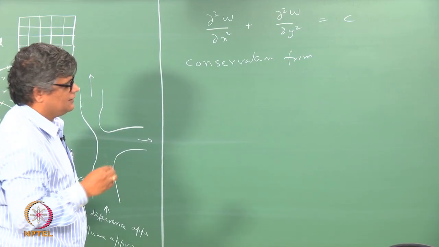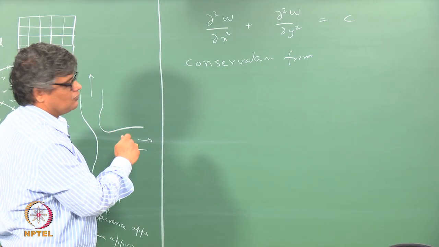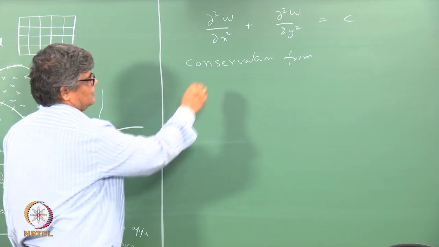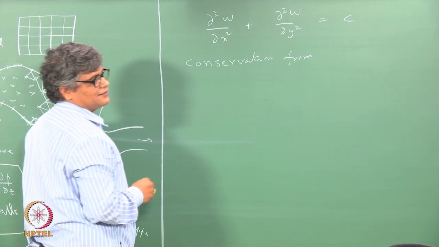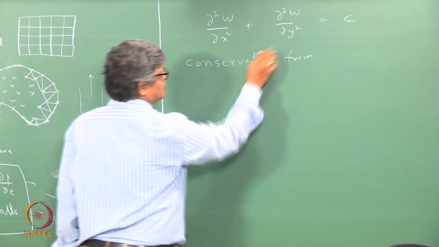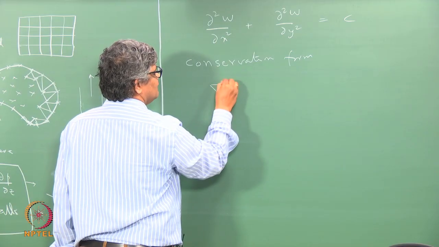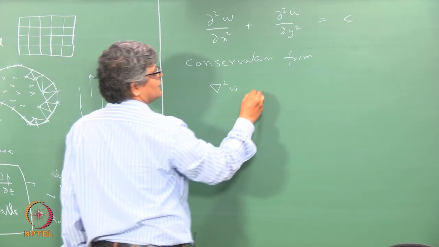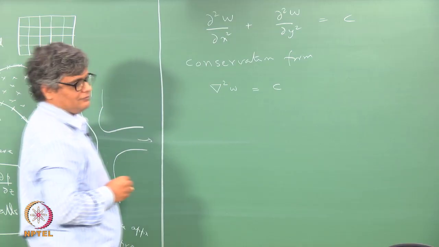Right now we do not want to know too much about it, but we see that this is a Laplace equation, Poisson equation, and the left hand side here is equivalent to, in vector form, del square W equal to constant.